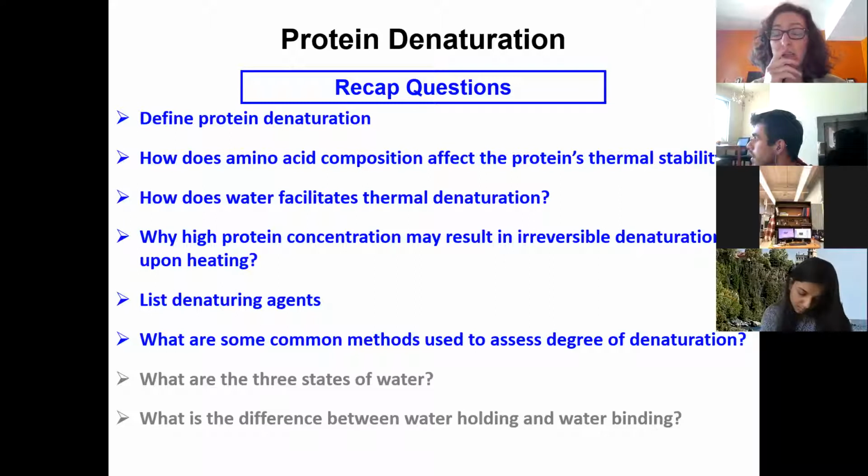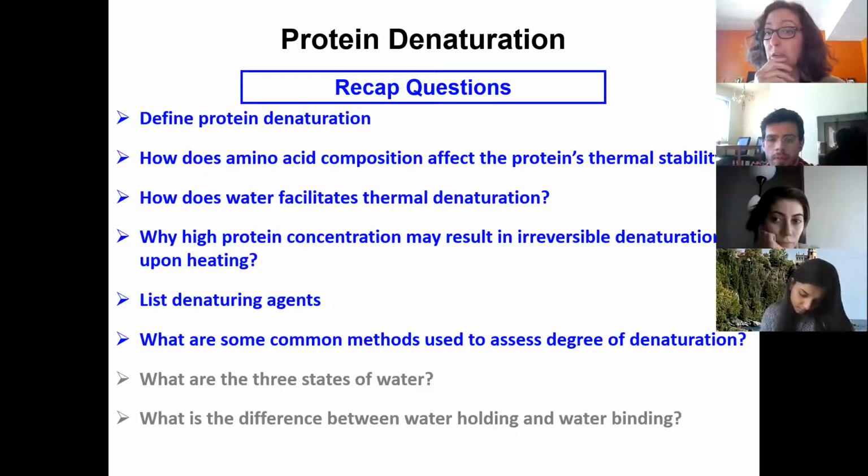Yes, thank you, Son. Yes, so the presence of water facilitates thermal denaturation. The more water you have, the more thermodynamics and movement of the water. Water can go into the interior moiety of the protein, causes hydrogen bonding to break within the protein molecule, and rather have hydrogen bonding with the water.